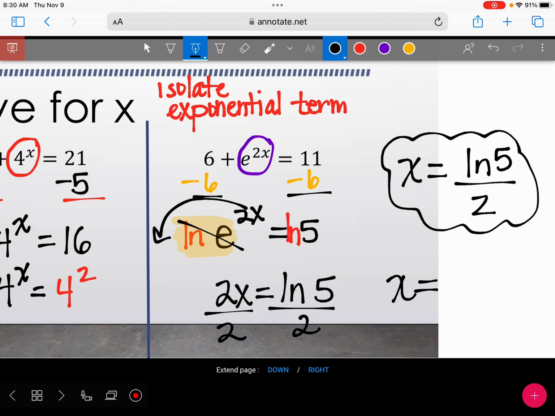So when you put in the 5, you have to close the parenthesis after the 5. If you don't close the parenthesis after the 5, you get the wrong answer. So make sure you close the parenthesis after the 5. Then you divide by 2. So the answer that you should get would be 0.805.